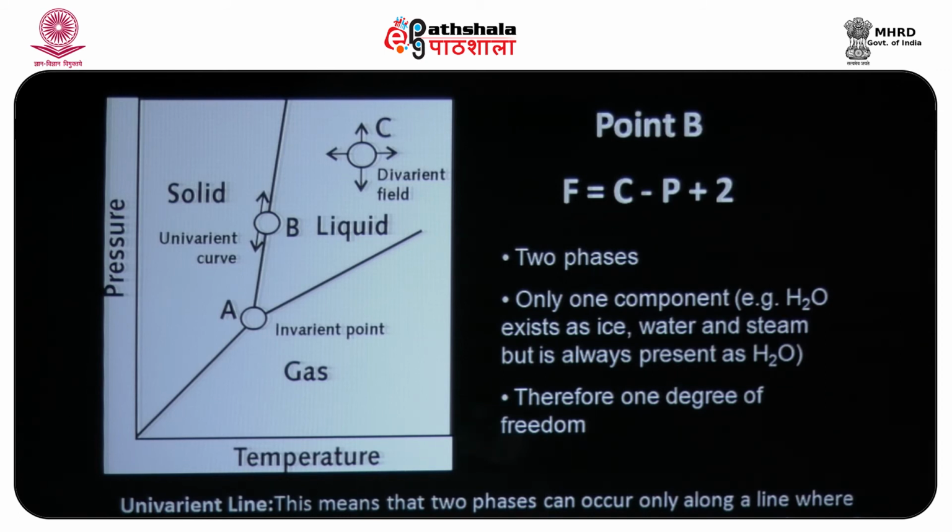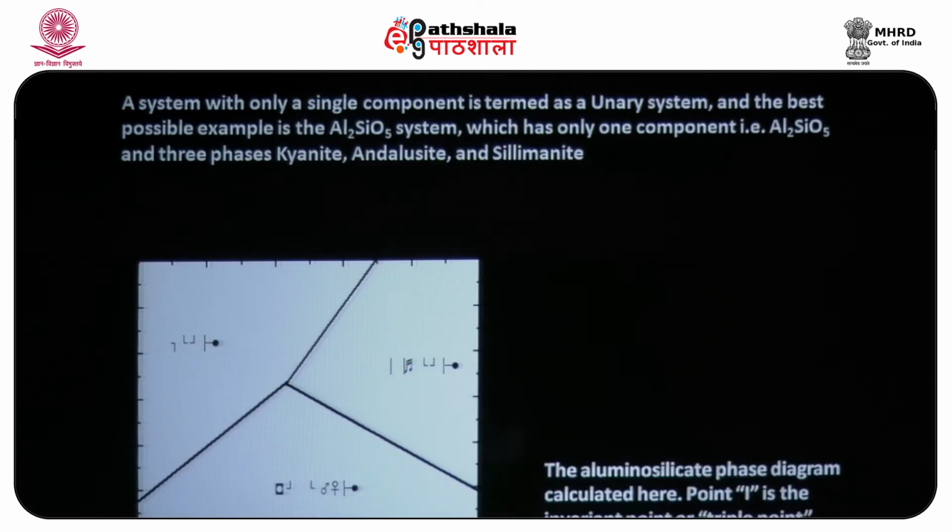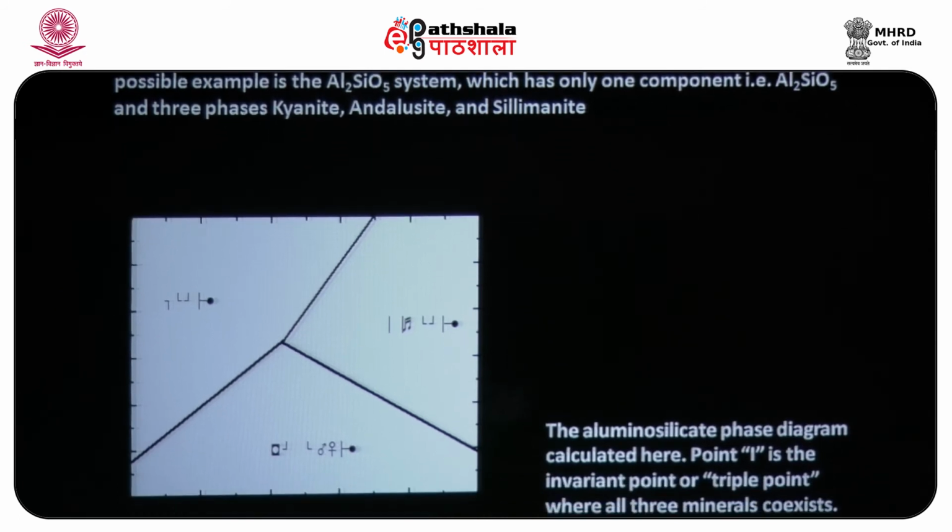This means that two phases can occur only along a line where both phases are stable, because only along a line can one simultaneously vary P and T. So, anyway, I think this is clear. Same with point A. At the invariant point, that is A, as you can see, all the three phases can stay together.